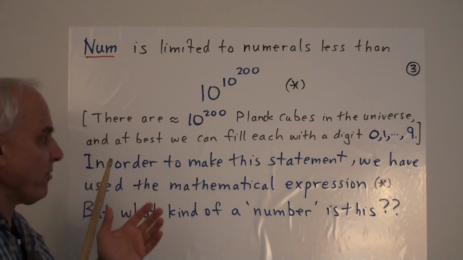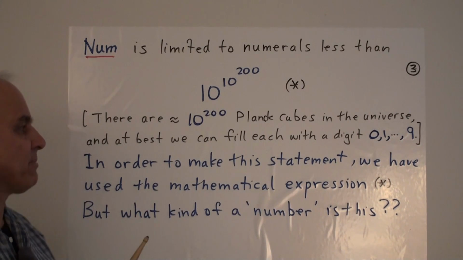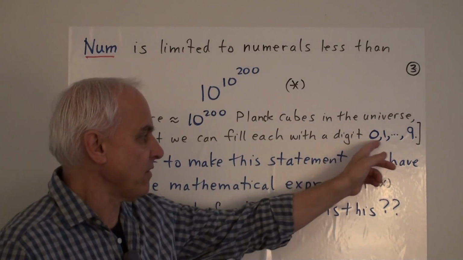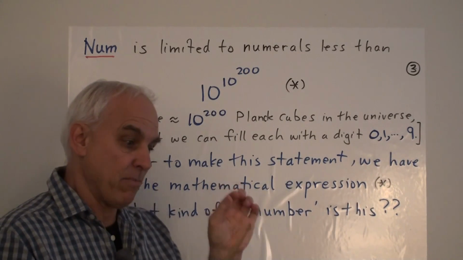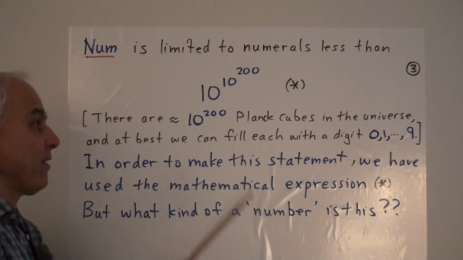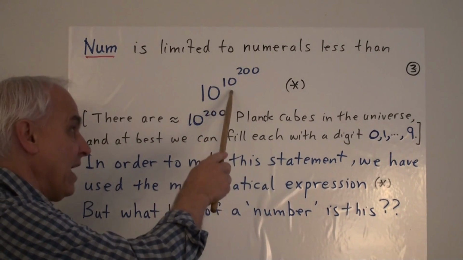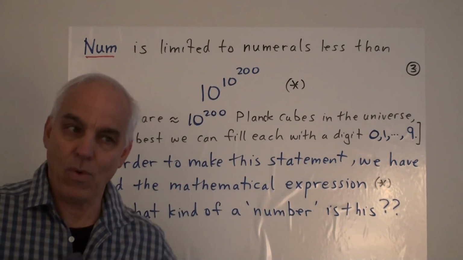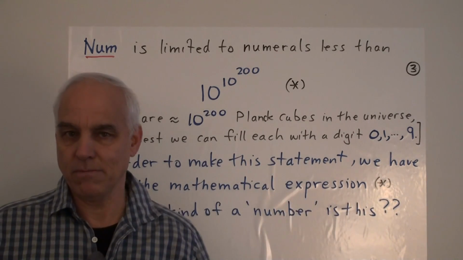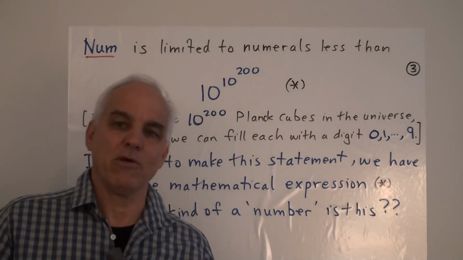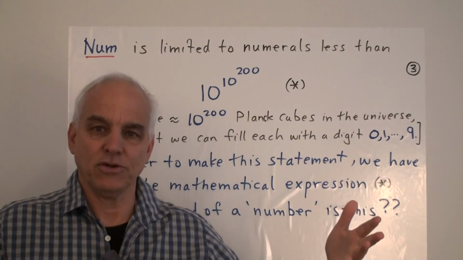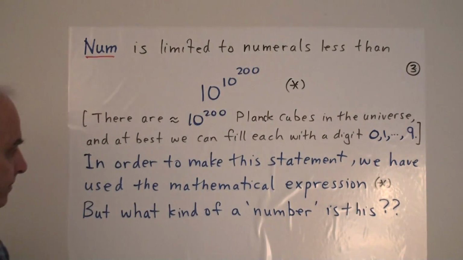And in theory at least, we could perhaps fill one of these Planck cubes with a symbol, say a digit 0 to 9. So there's 10 possibilities for each Planck cube, and if there are 10 to the 200 Planck cubes, then there's at most 10 to the 10 to the 200 possible ways of filling out the universe to create some mega huge Hindu-Arabic numeral. So this is some kind of limit on what we can do in our universe.